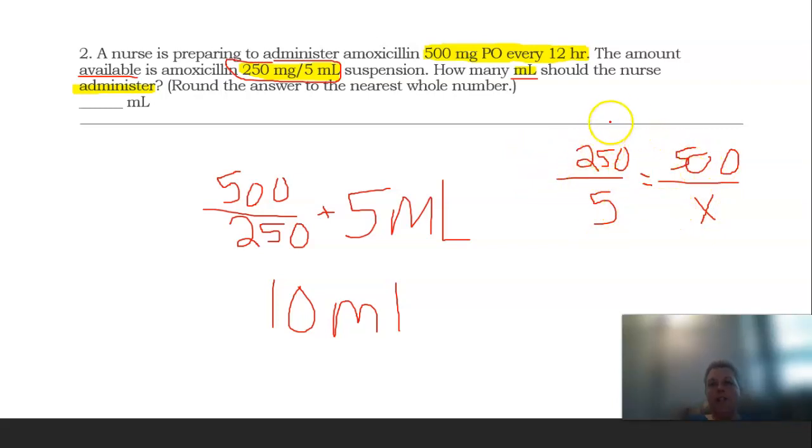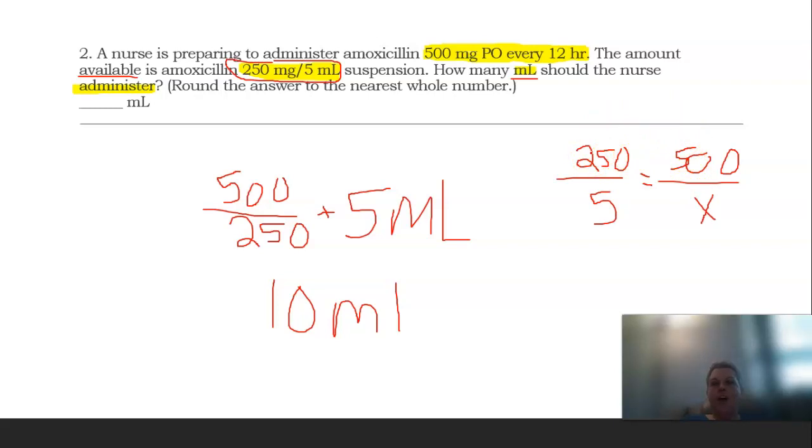If I see 250 and 500, couldn't I say, oh yeah, 250 and 250 equals 500. So in order to get from 250 to 500, wouldn't I times the top by 2?